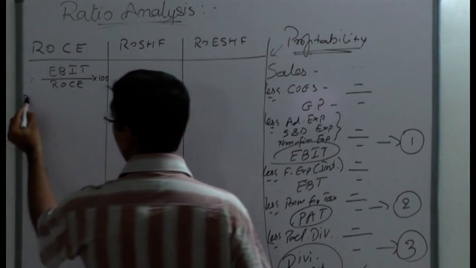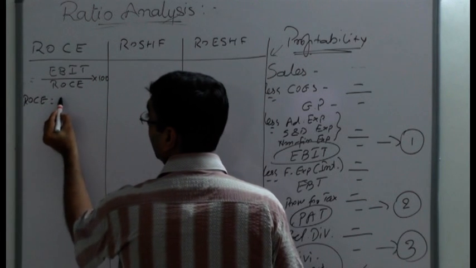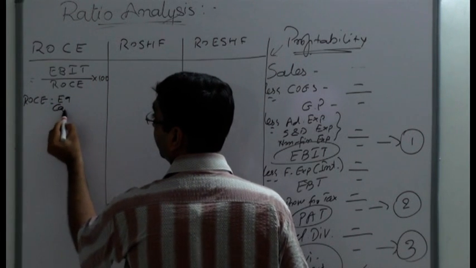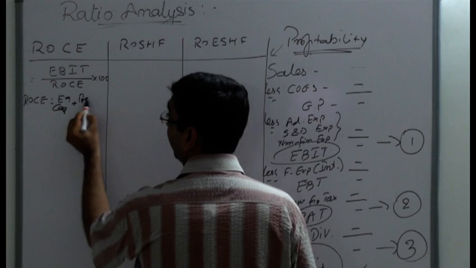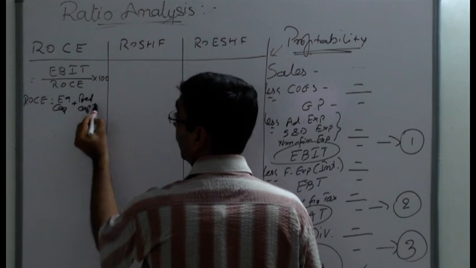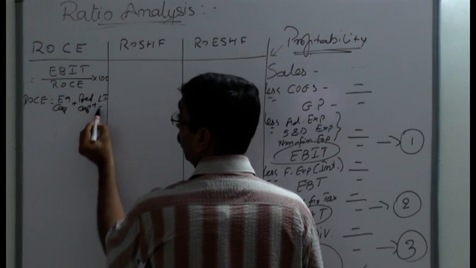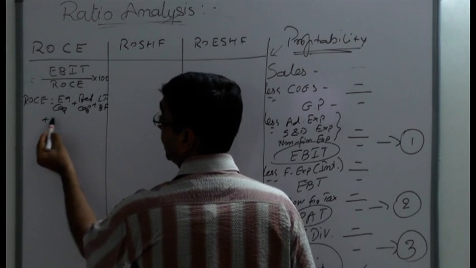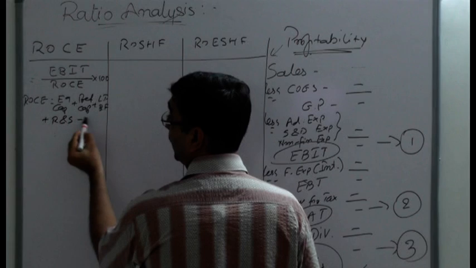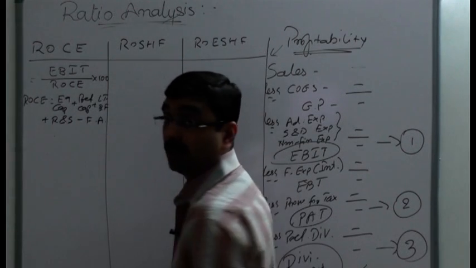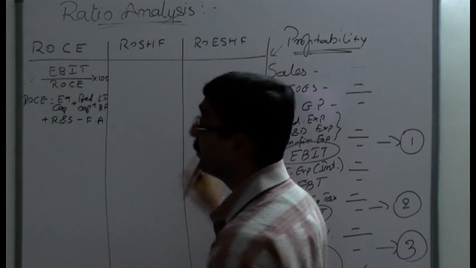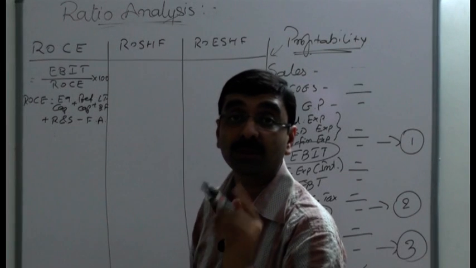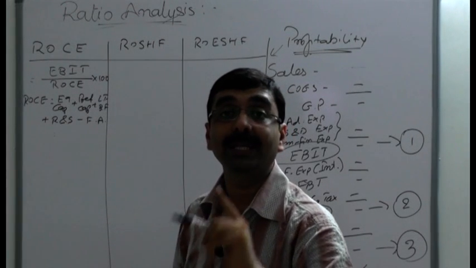But what is the capital employed formula? That is equity capital plus preference capital plus long-term borrowed funds, that means debentures and bank loans and other things, reserves and surplus, minus fictitious assets. Fictitious assets would be deducted in all three formulas. Why? Because a fictitious asset is not actually an asset.